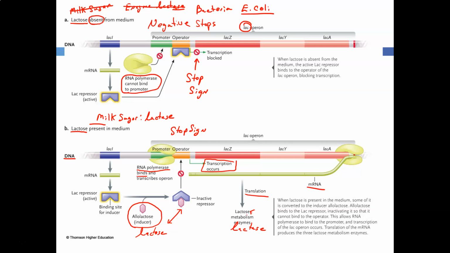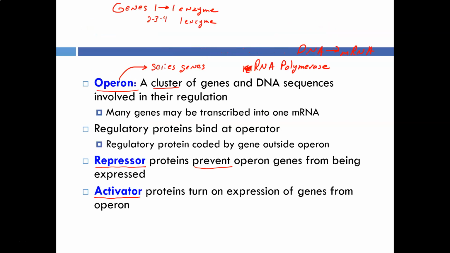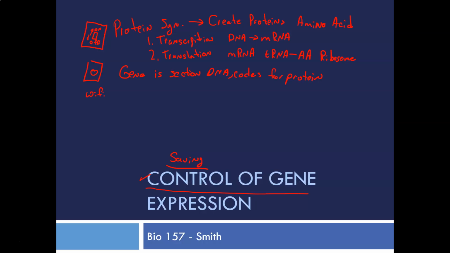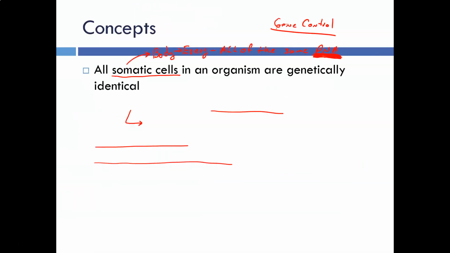So there are a couple of different ways that we turn the switch on and turn the switch off, just like the analogy I came up with, which I have never used before: having different signals to turn the genes on and to turn the genes off. Positive and negative gene controls are just different switches, and they function with some differences within themselves. So that's what we have right there.